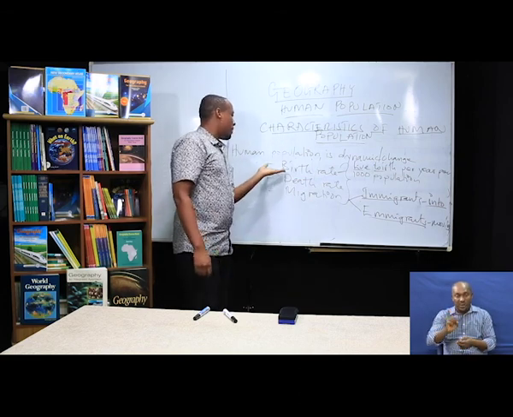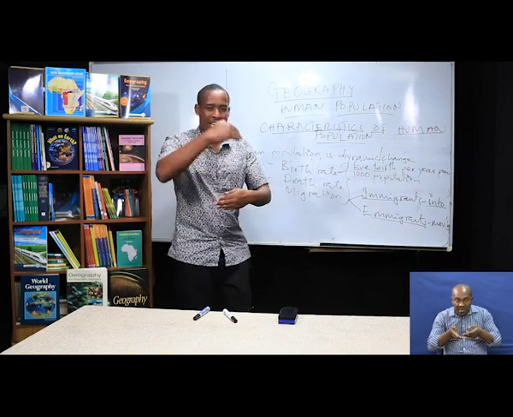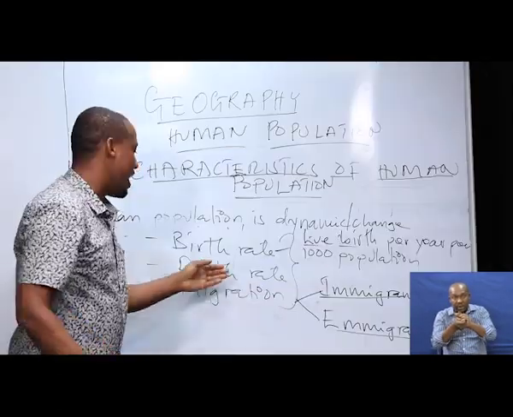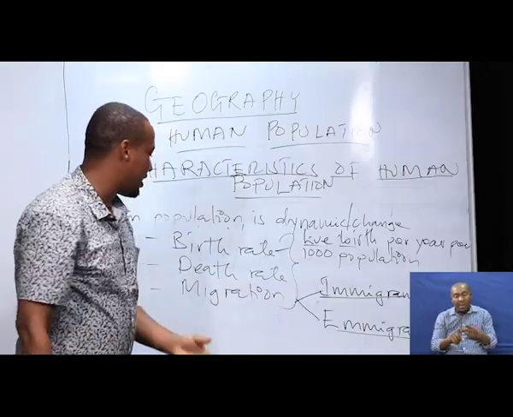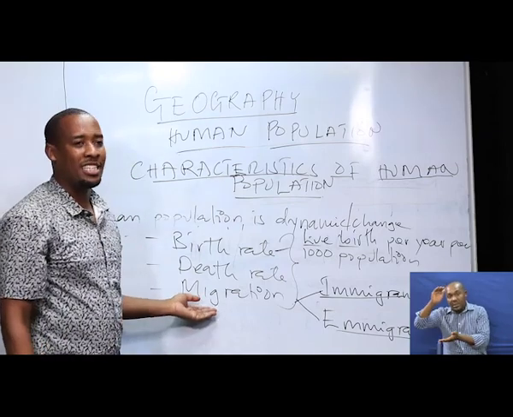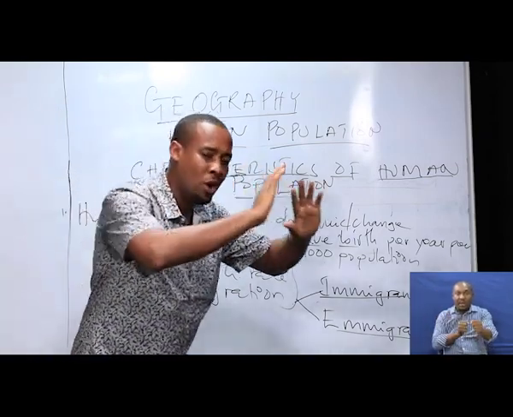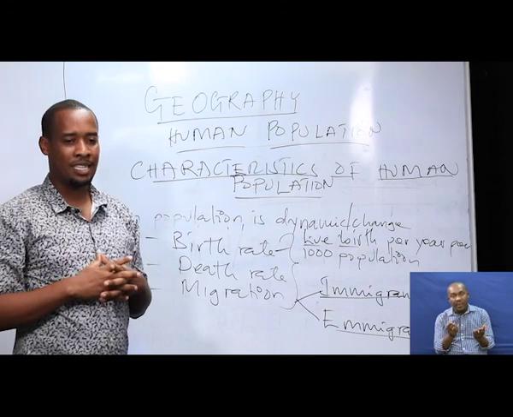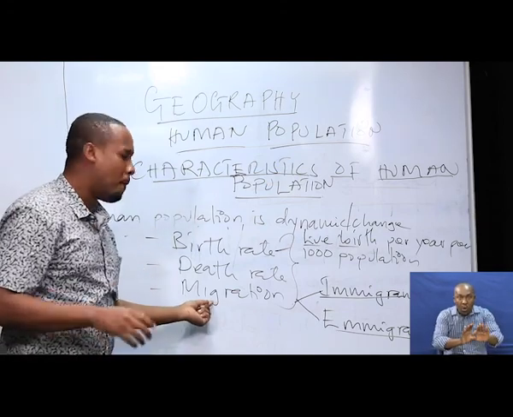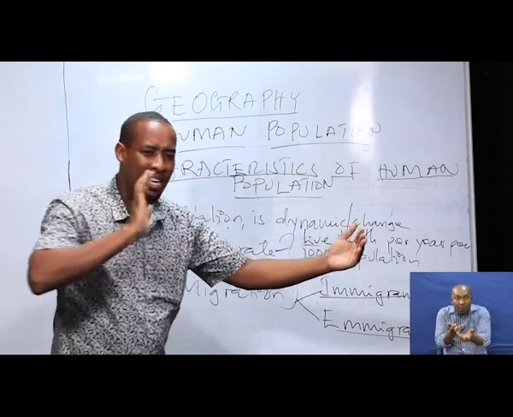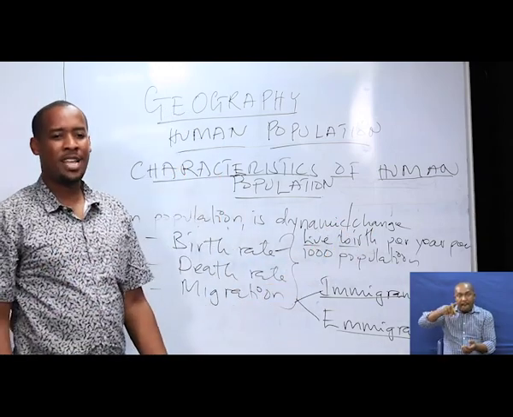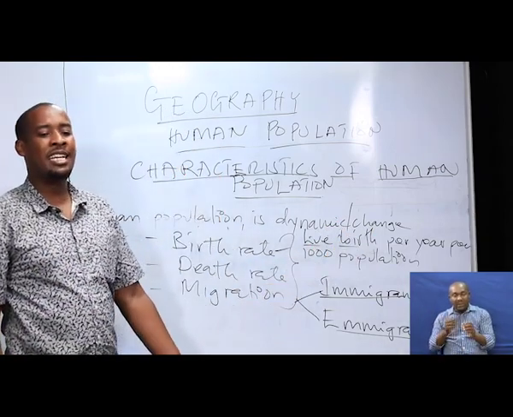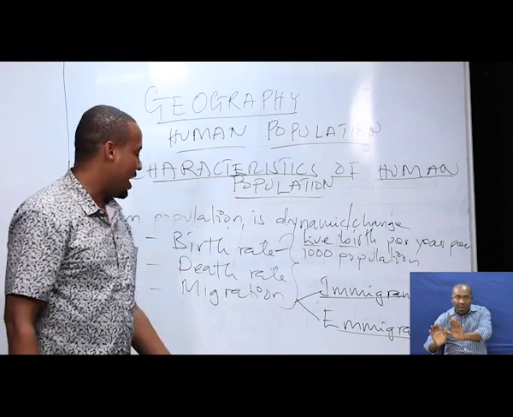So birth rate can change, it can increase or decrease. Death rate can increase or decrease, and it is the same with migrations, whether it's pull or push factors. New words here: push, those that force someone from their area to move into another area.